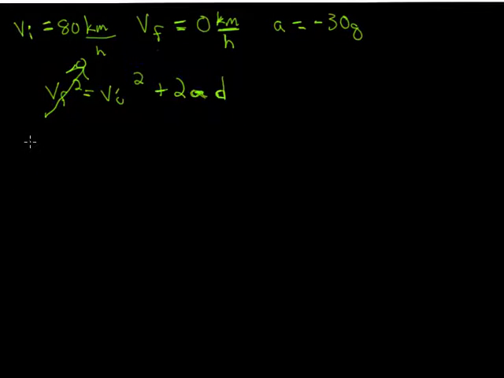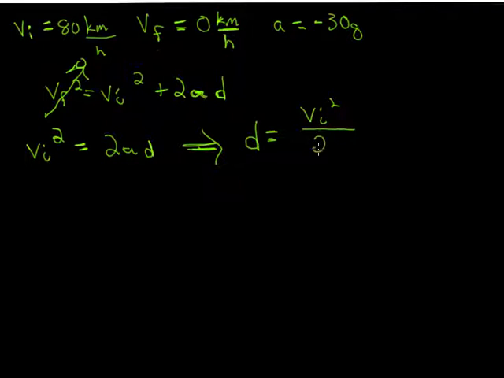And so Vi squared equals negative 2AD. But let's solve for D. So this is going to become D equals Vi squared over 2A.